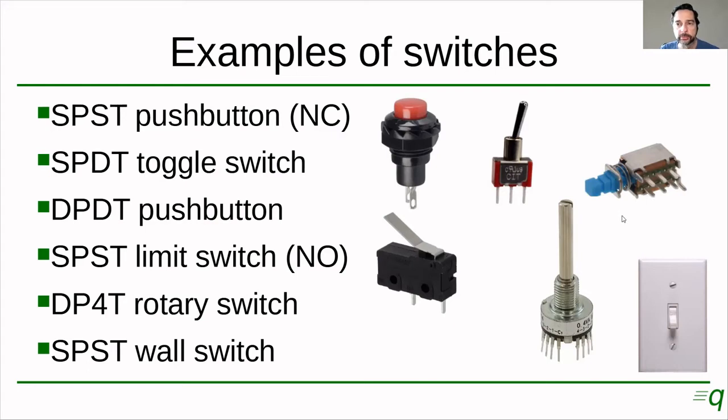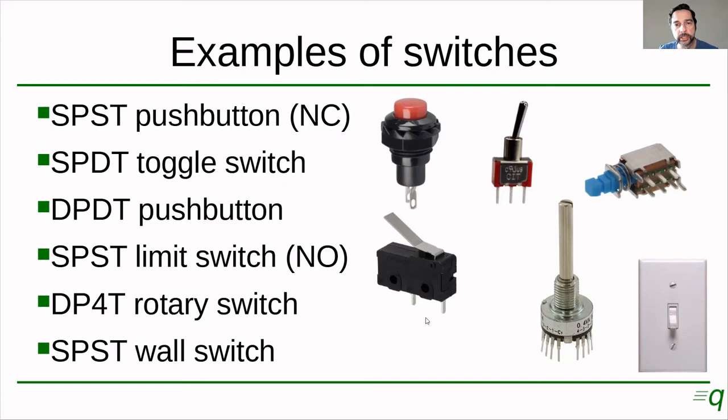So this is a double pole, double throw push button. These 3 terminals here would be the same as these 3 here. And this would be duplicated over here with these other 3 terminals. So it's like 2 of these switches glued together and activated by the same button.